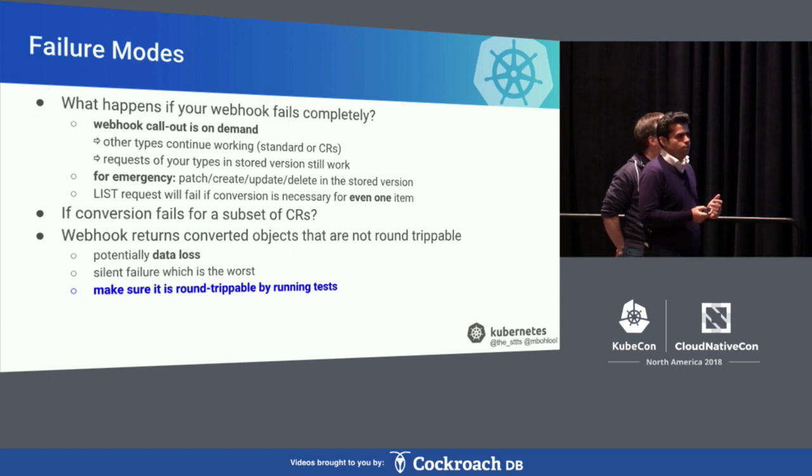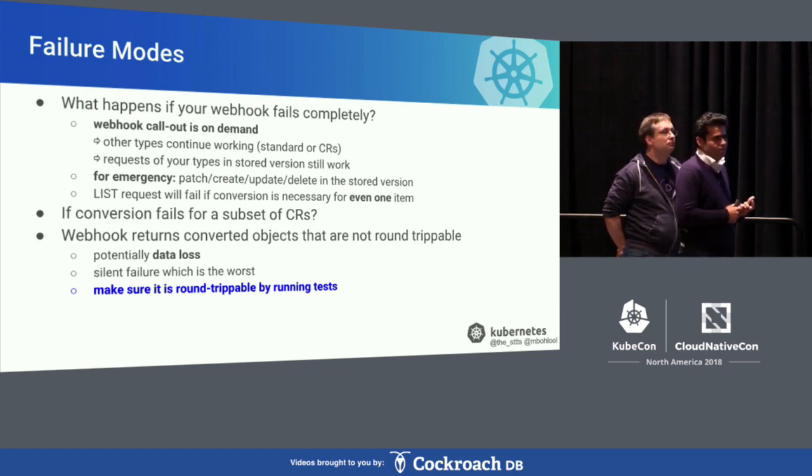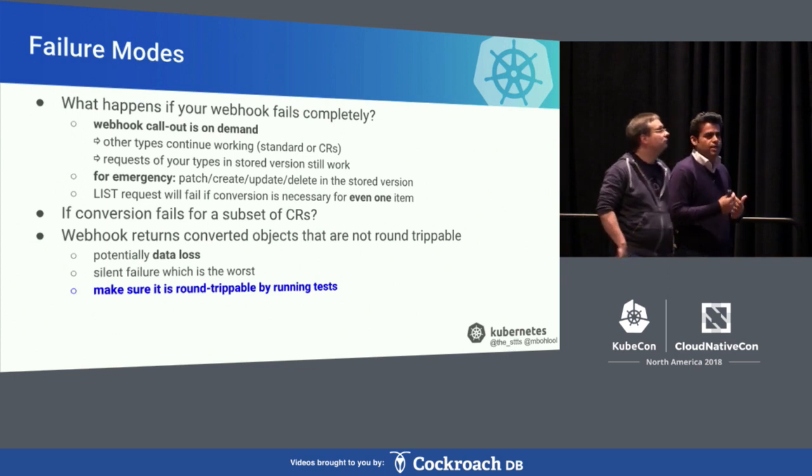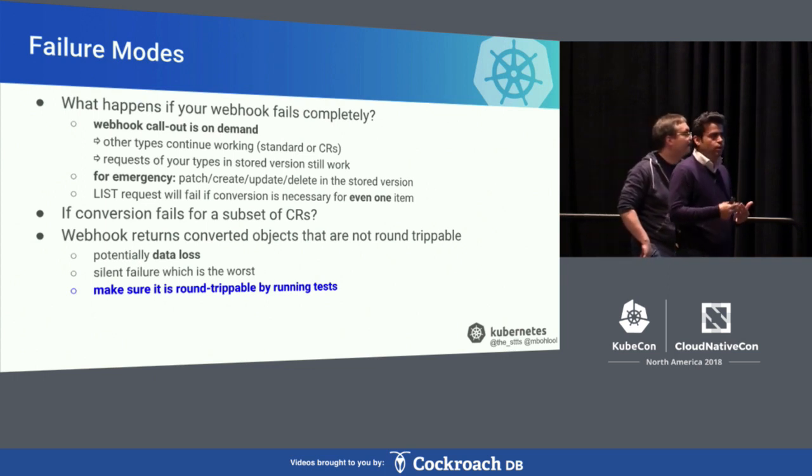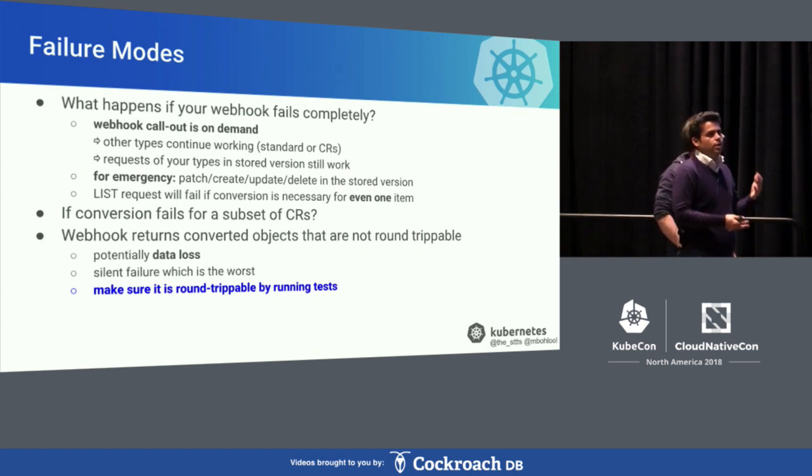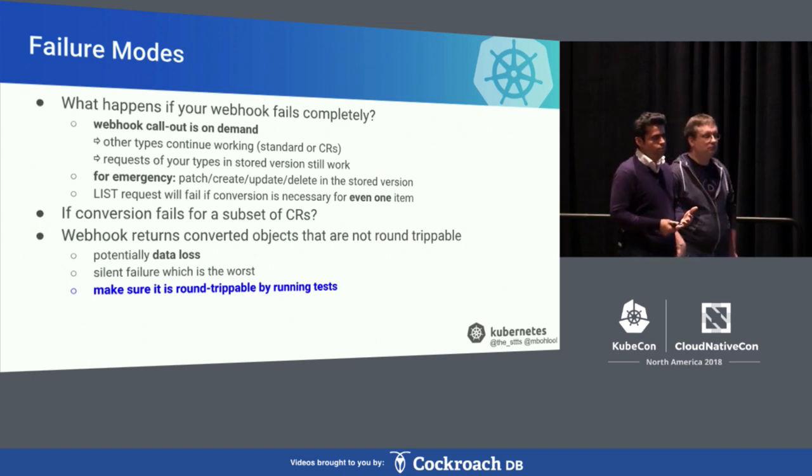You cannot remove it because the version is still available in etcd, and API server will not let you do that because the stored version of the status has the version, and it will not allow you to remove the version. So what you should do is disable the version so no other new request comes for that version, upgrade your storage, update the status stored version to remove that version from it first, and then remove it from the versions list. So what can go wrong?